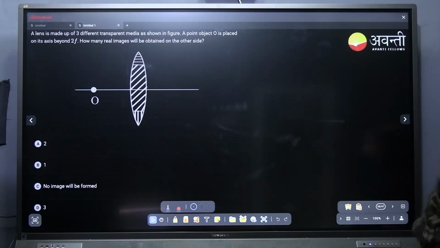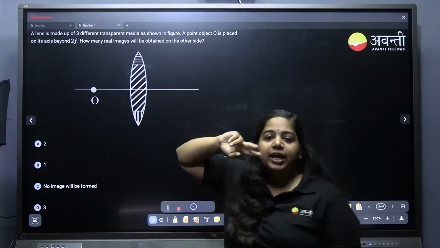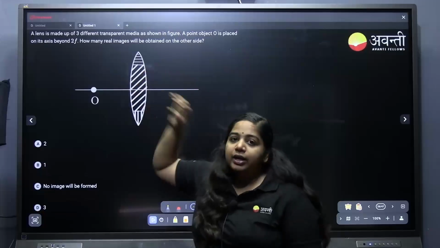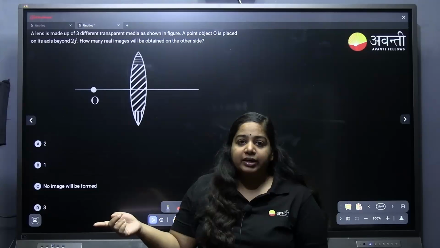Next one. A lens is made up of 3 different transparent media as shown in figure. A point object O is placed on axis beyond 2f. How many real images will be obtained on the other side? So for this there are 3 media. So 3 regions will be refracting the light in 3 different points, right?